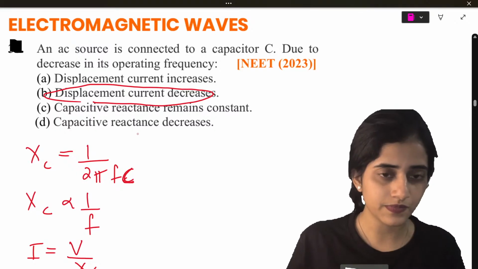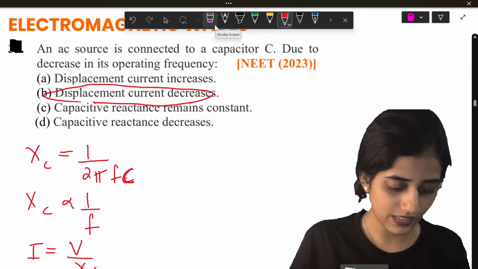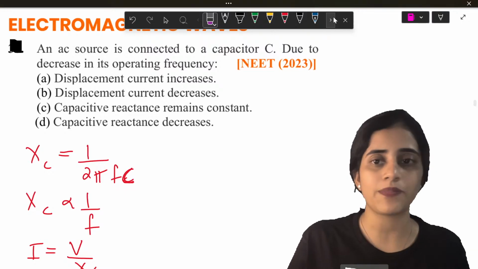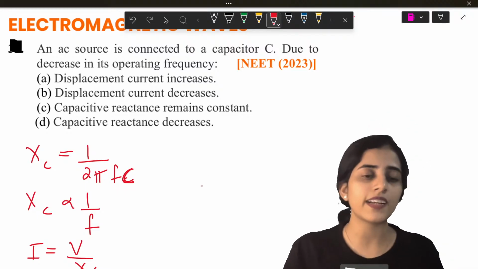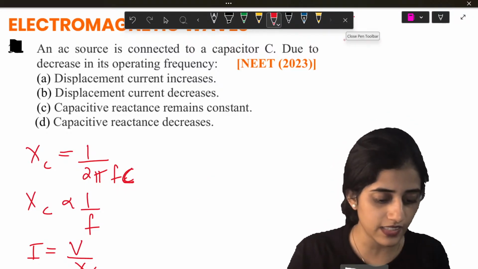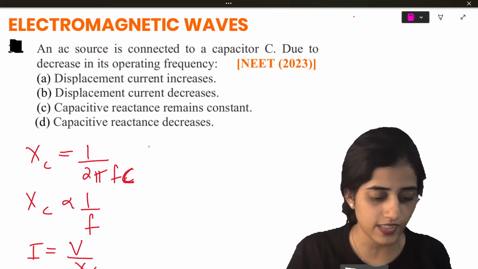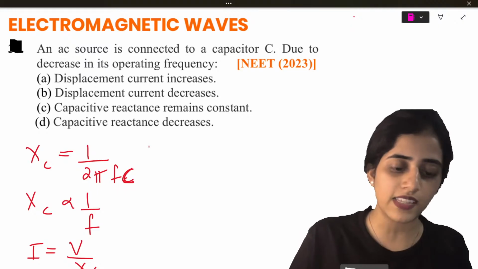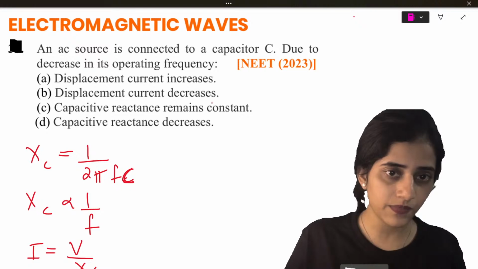Sorry, capacitive reactance increases. Yes, displacement current will also decrease, the same as the current through the capacitor in AC. So it will be B.